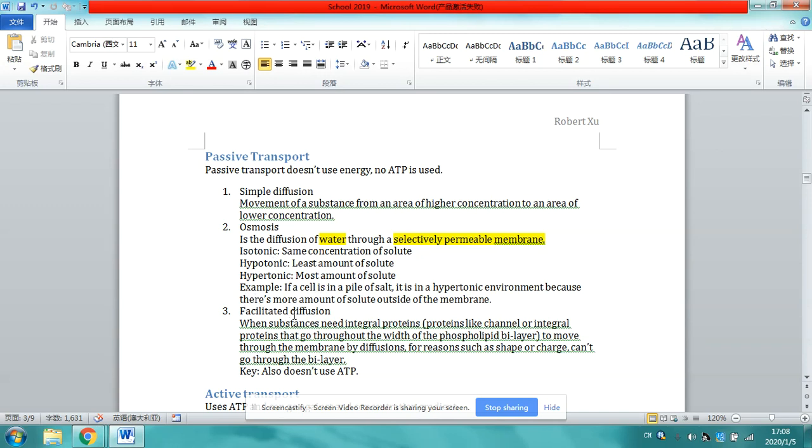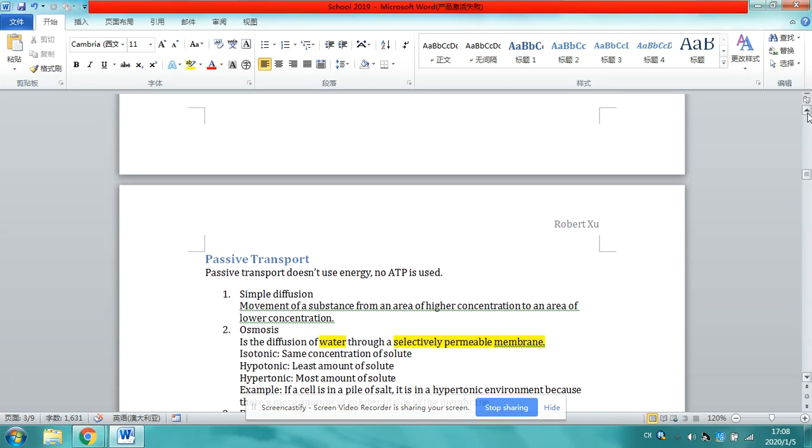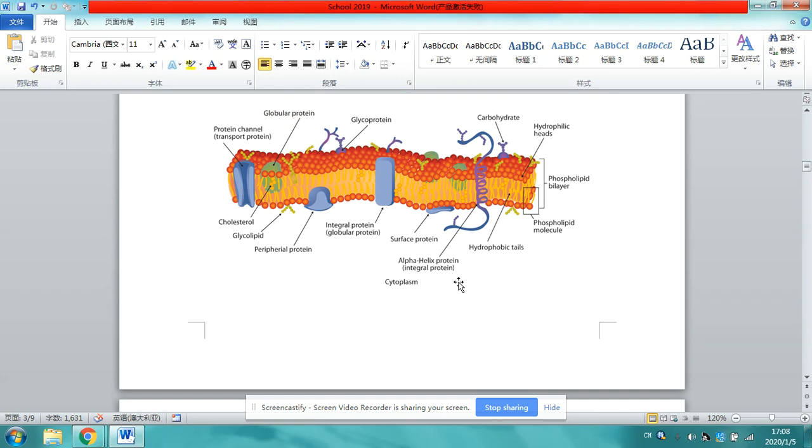Third one is facilitated diffusion, and this is the diffusion of a substance through an integral protein. And an integral protein is one of these things. So integral basically means that it goes throughout. And when we're looking for integral proteins, we're looking for the big boys that go throughout the width of the phospholipid bilayer.